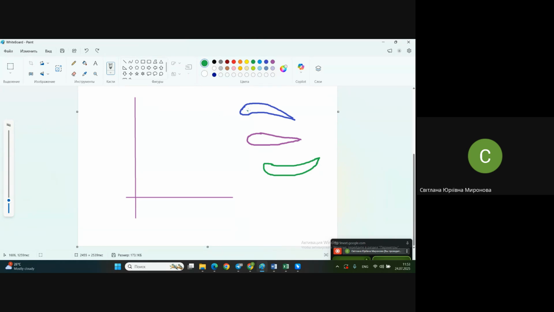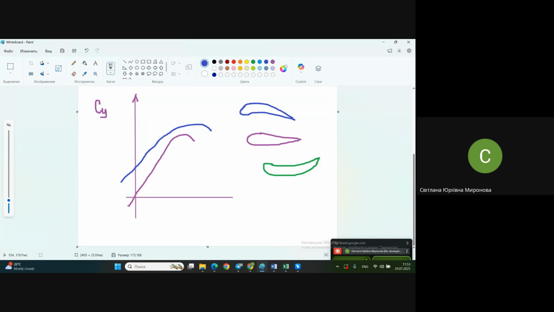And certainly it's clear that this one has a chart like this, which comes through the zero point when it comes to Cy. If we're working with this, let's say normal one, it has lift even at some point.